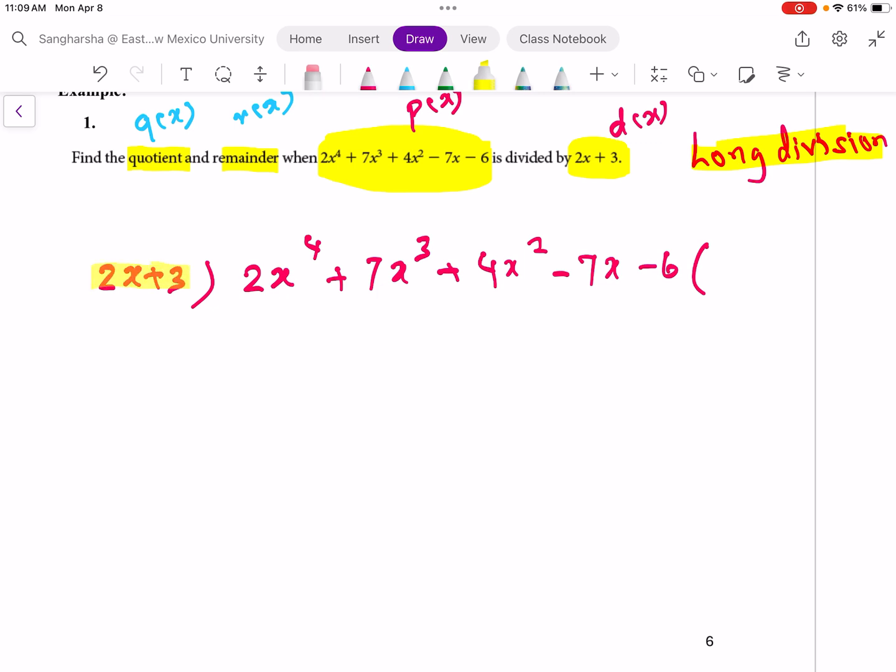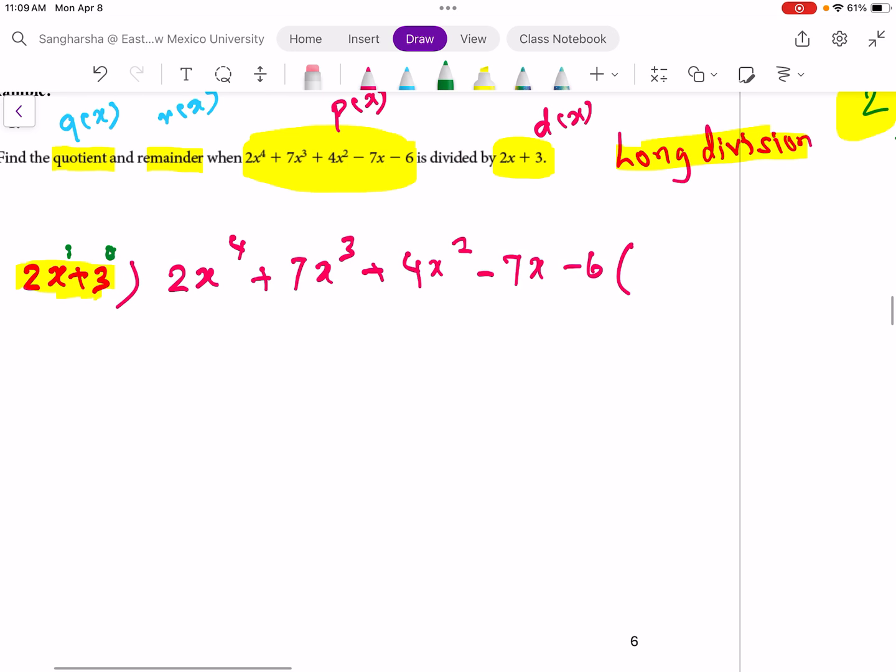The exponent of the variable is 1, and for the constant, that is 0. So 1, 0 is the descending order. Similarly our polynomial, we have 4, 3, 2, 1, 0. So this is in the descending order. Every time make sure your polynomial and divisor are in the descending order of exponent of the variable. That's the first thing.